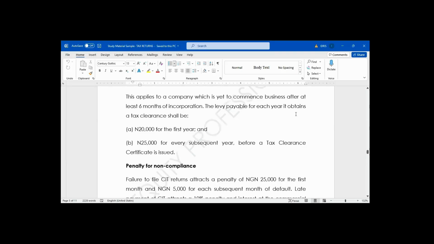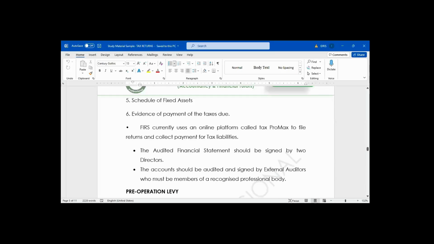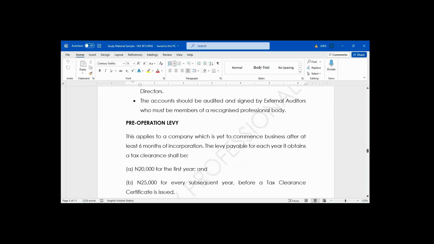About company income tax. However, a company that is here to commence business but does not yet pay company income tax, what you need to do is pay the pre-incorporation levy.